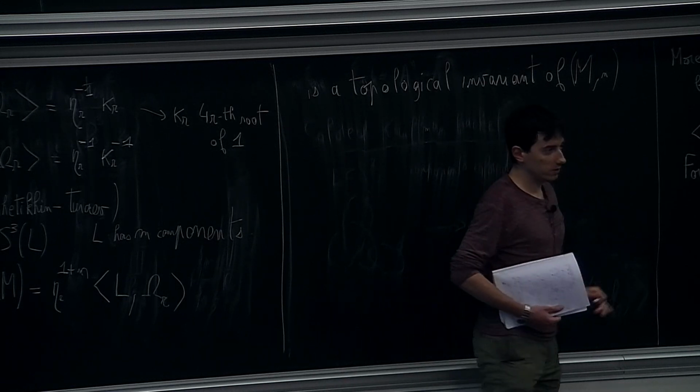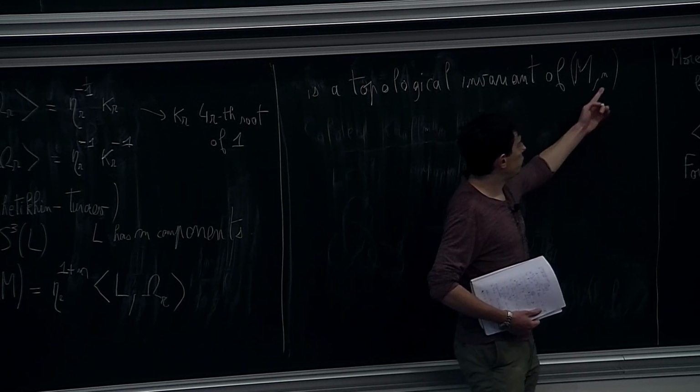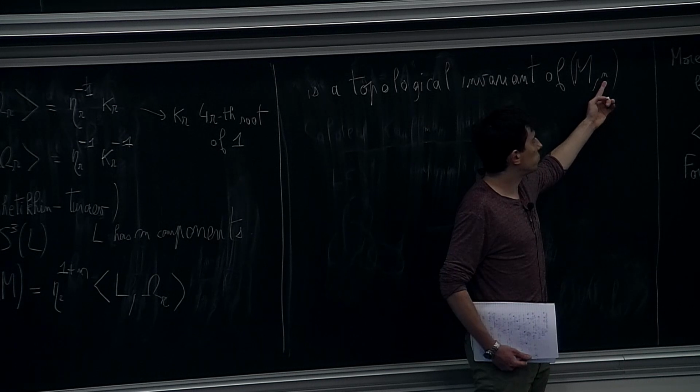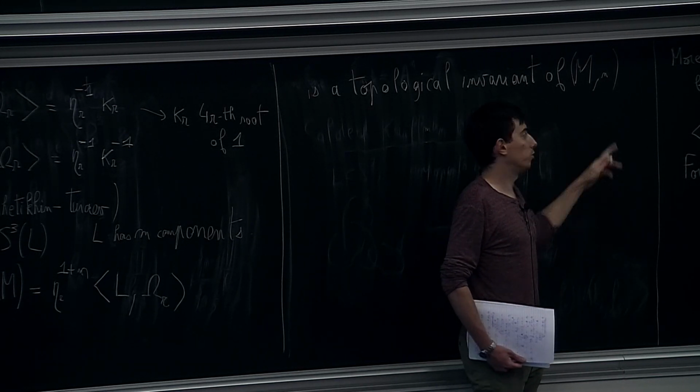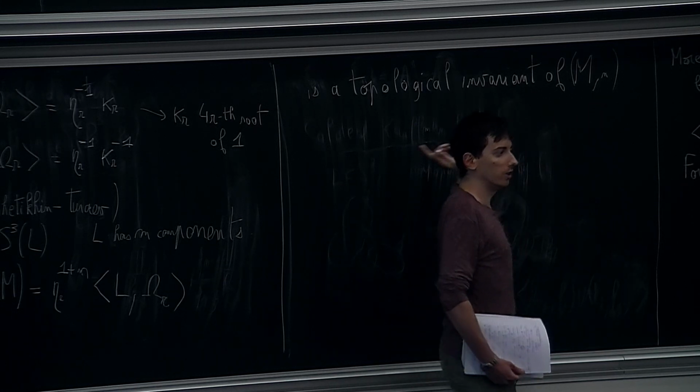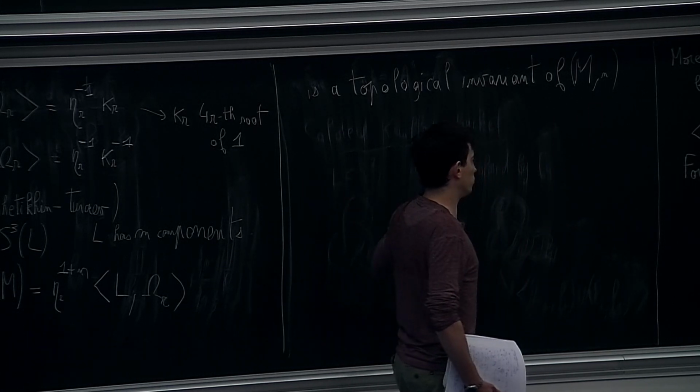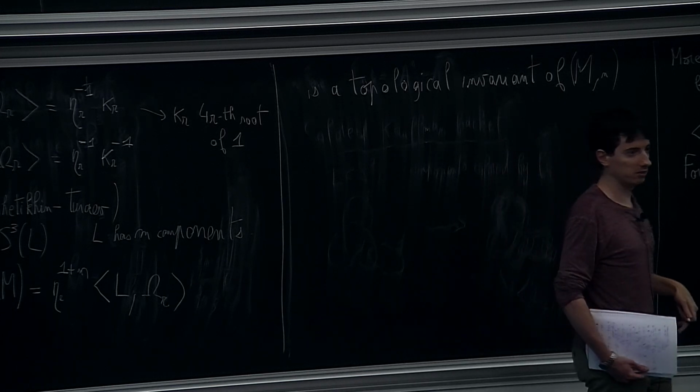Okay, so I get this thing. And here, this integer n has not much of an effect on the invariant. When you change it, you multiply it by kappa r to the n.